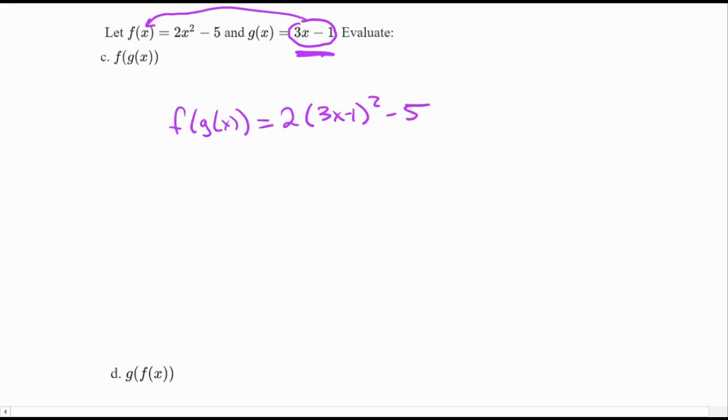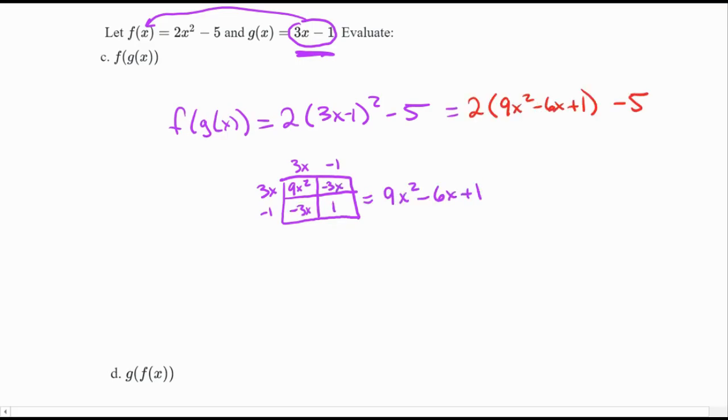Once we get to here, we're actually going to start simplifying this. We're going to do 3x minus 1 squared first. I'm going to fast forward this part here. Once I've multiplied those together, I'm now going to continue simplifying by distributing that 2, which gives me 18x squared minus 12x plus 2 minus 5.